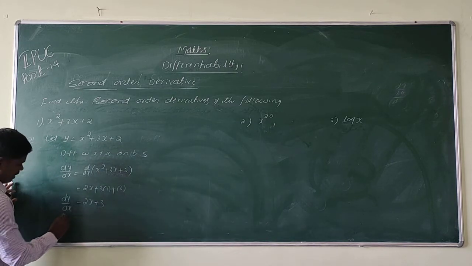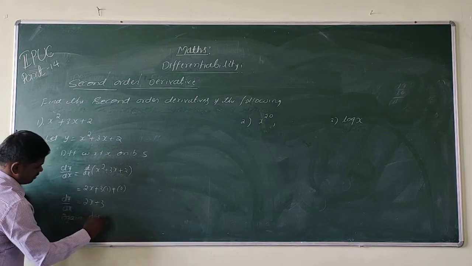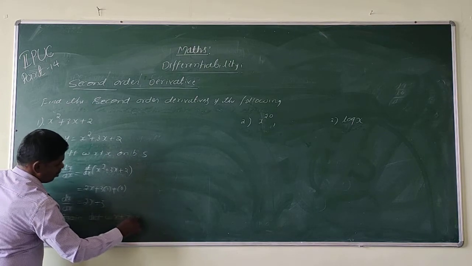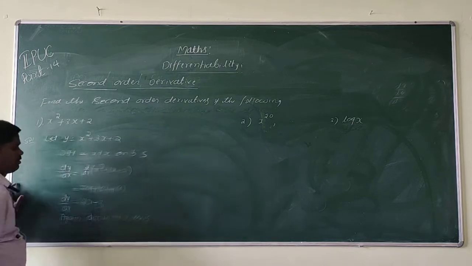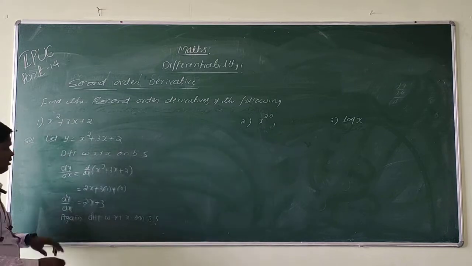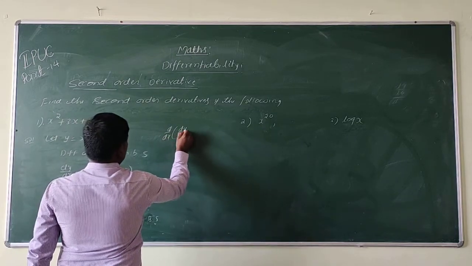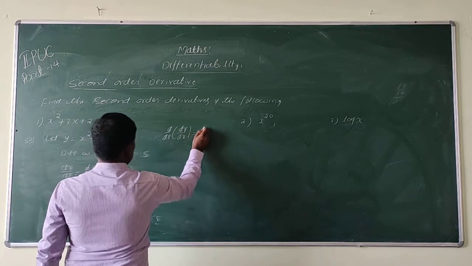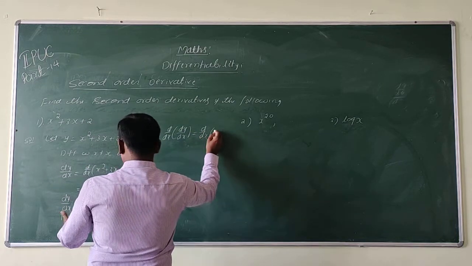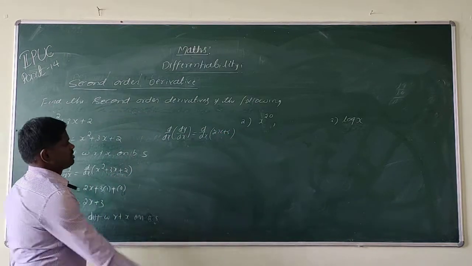Therefore we again differentiate with respect to x on both sides, so d by dx of dy by dx is equal to d by dx of 2x plus 3.